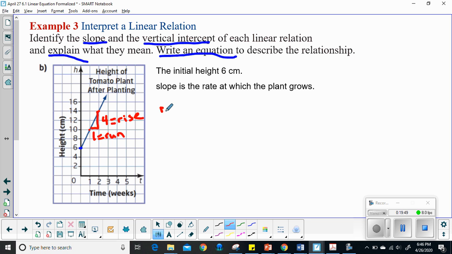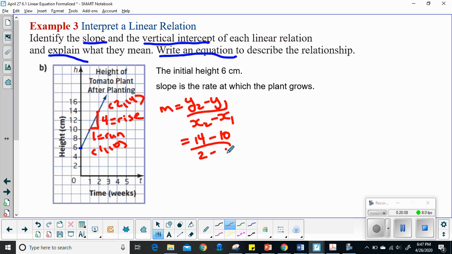So my slope, if we did it as y2 minus y1 over x2 minus x1, this point would be at (2, 14) and this point would be at (1, 10). So I would have 14 minus 10 over 2 minus 1, which is 4 over 1.